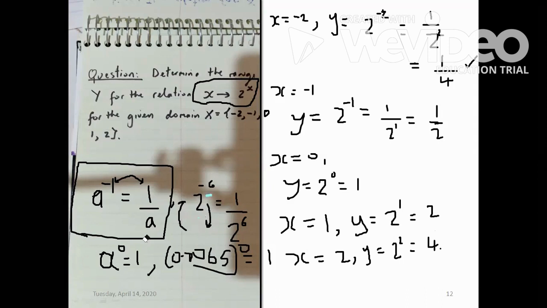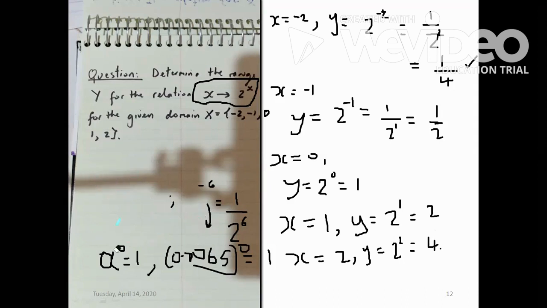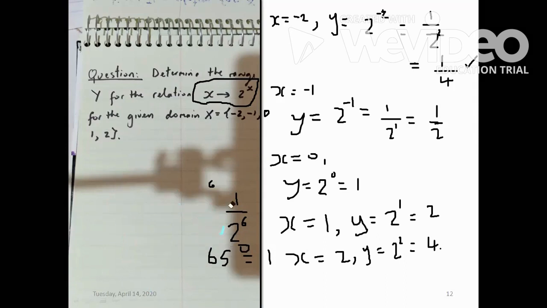I think I'm going to erase on one side here. Okay, so determine the range. I'm going to write it out like this. So y. These are the range. We'll have a quarter, which is this one.